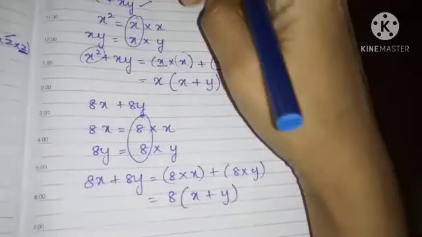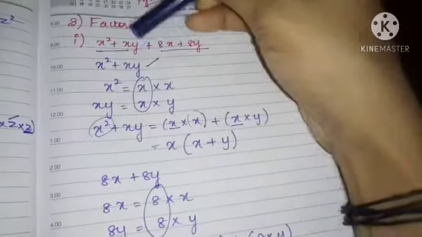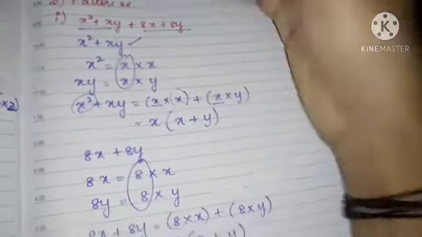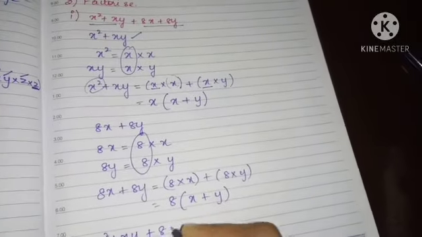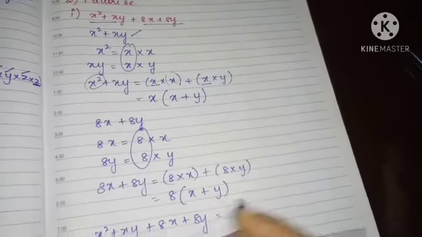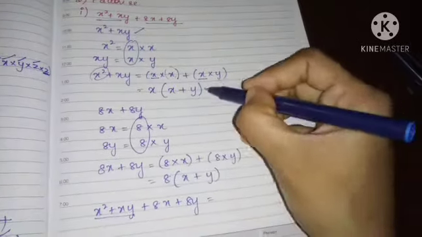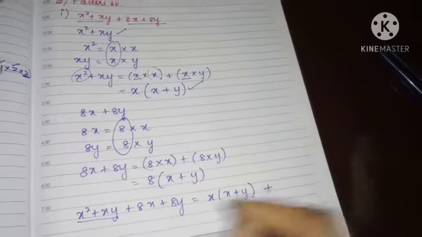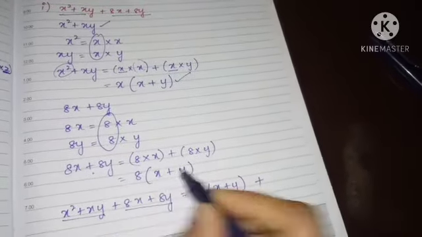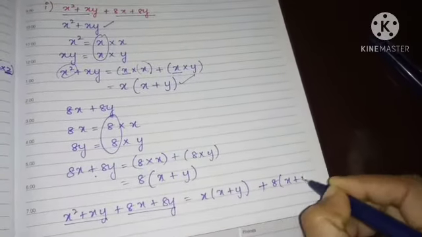Now I have found the value for these two. Now add both together. x square plus xy plus 8x plus 8y can be written as x into (x plus y) plus 8 into (x plus y).